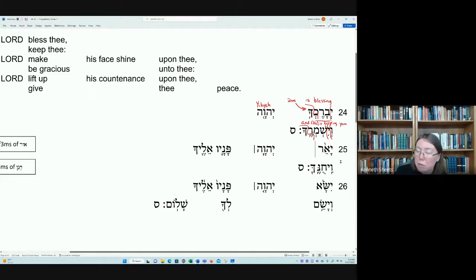Then we come on down here to Ya'er. Now, this particular verb, you can again see that same third masculine singular pronominal suffix on the front, but this is a hifil, meaning causative action. And it comes from the verb or, which is basically the idea of to be light.